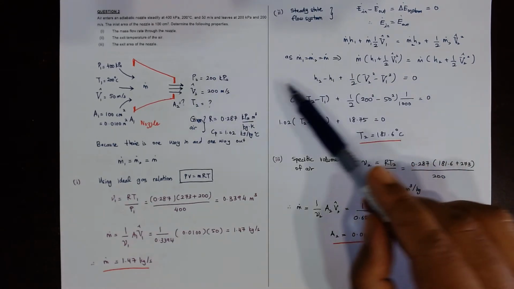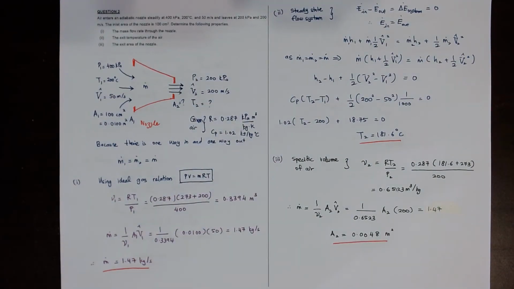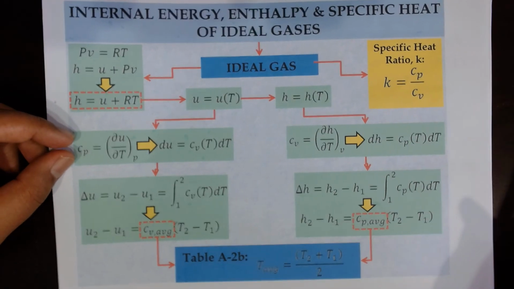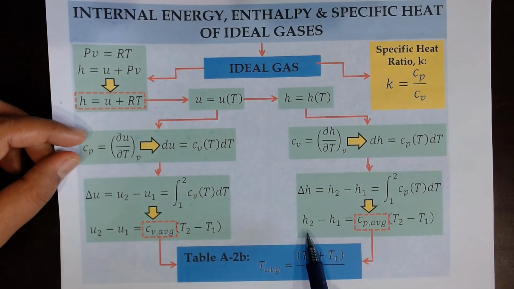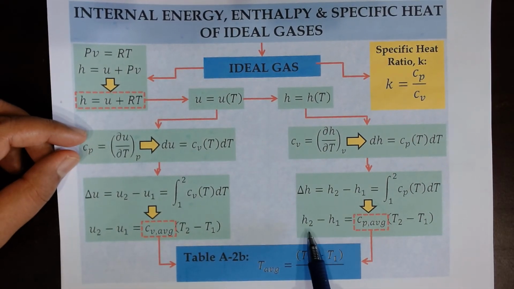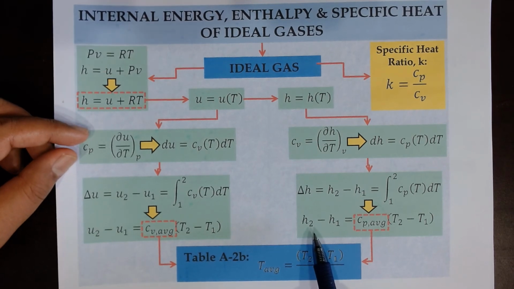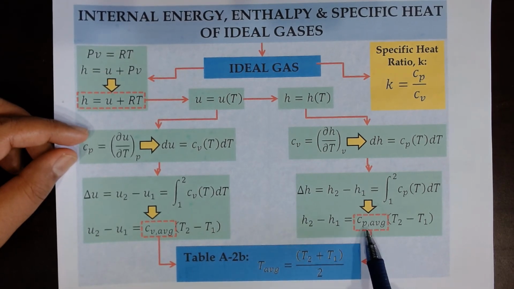Then, because this is what we call an ideal gas, remember that when we learned ideal gas, h2 minus h1, which is normally from the steam table, can instead be Cp times T2 minus T1.